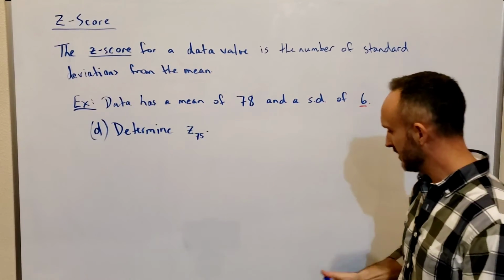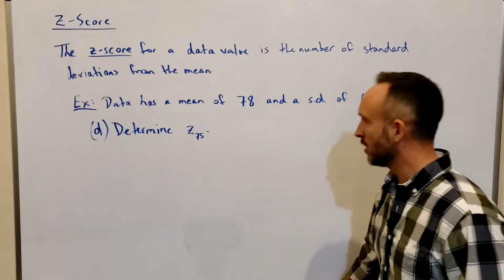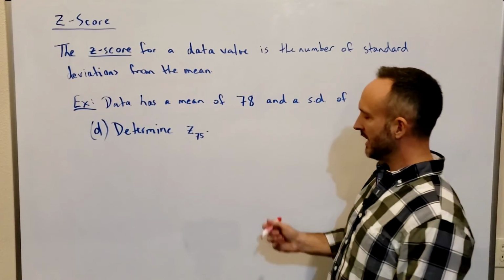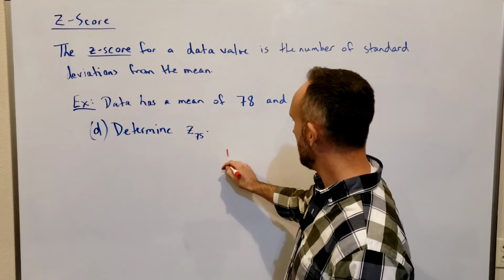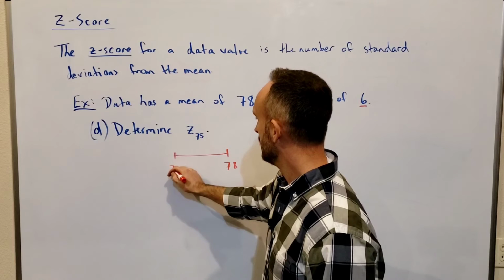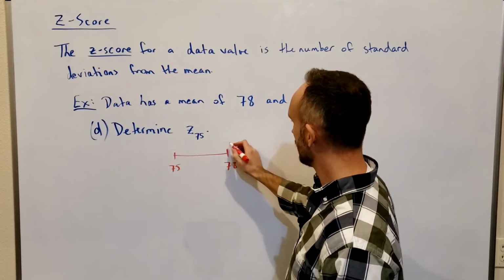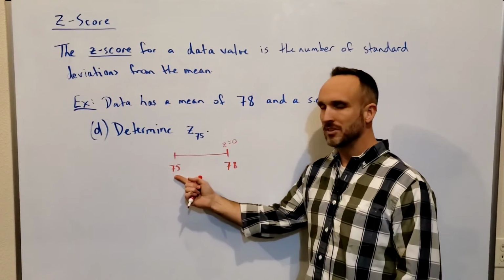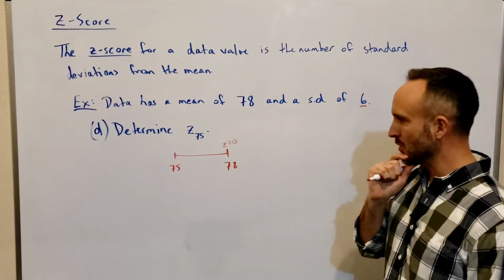And what that means is, what is the z-score for the data value 75? So again, if we look at a diagram, the mean of 78 is here. The data value we're interested in is here. Of course, this mean has a z-score of 0. So this 75 definitely has a negative z-score.